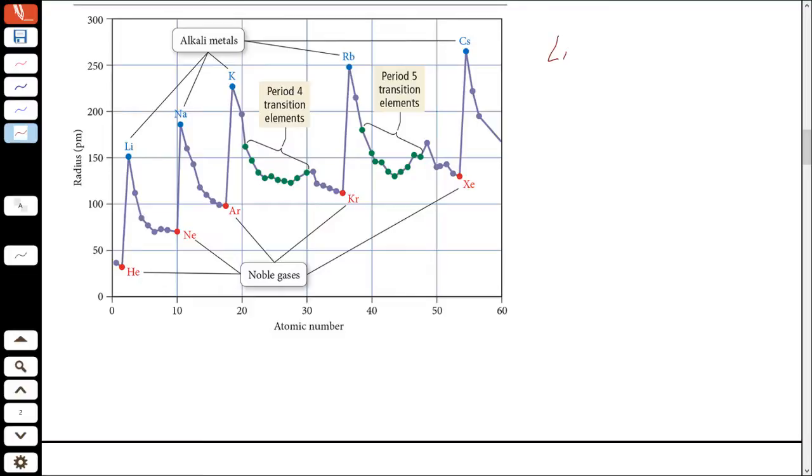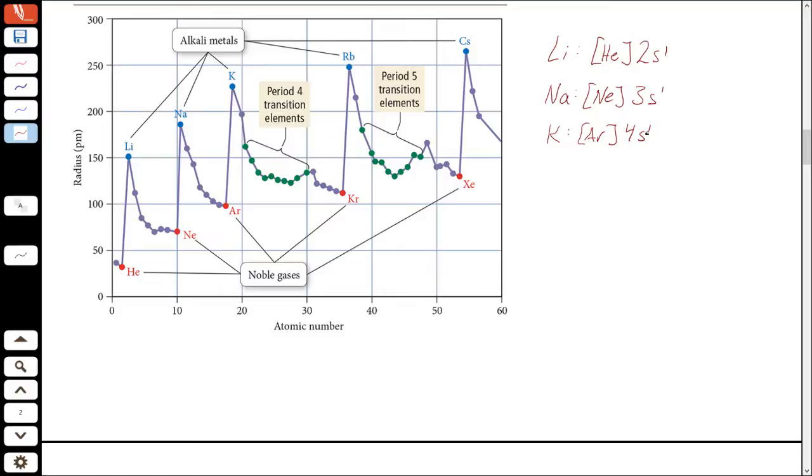Lithium is [He] 2s1, so its valence electron is 2s1. Sodium's valence electron is 3s1. Potassium, 4s1.